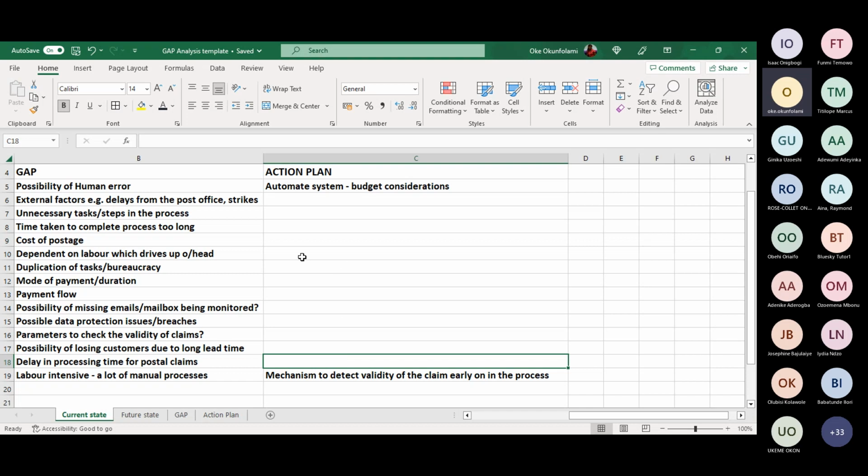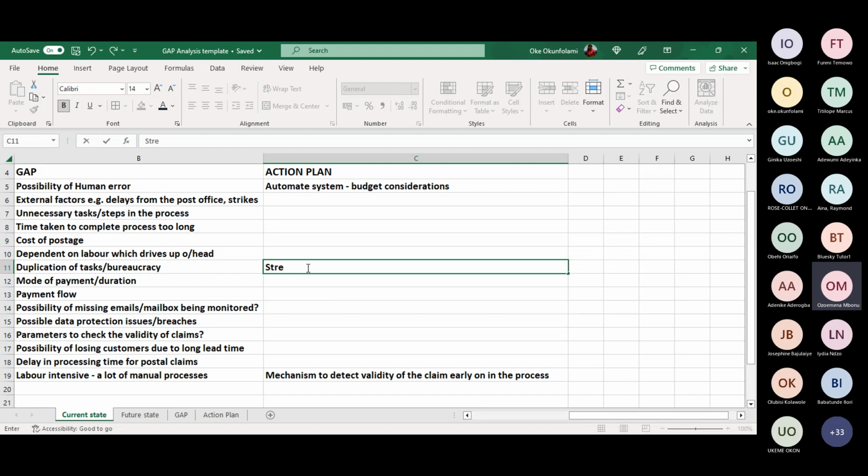Thank you. Osaemena. So my suggestion is trying to streamline the procedures, bringing in a policy that could reduce the number of steps involved.